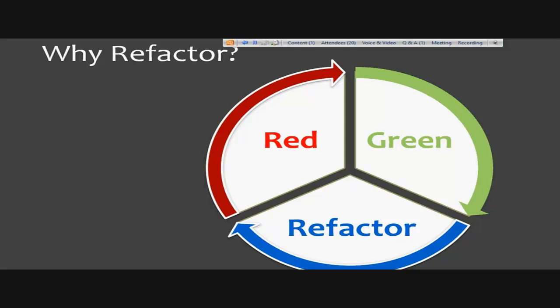Then in the green phase of the TDD cycle, we write the smallest possible code which can pass the test, which is fixing the solution. Refactoring is cleaning the solution, where we have an opportunity and we don't have tension.